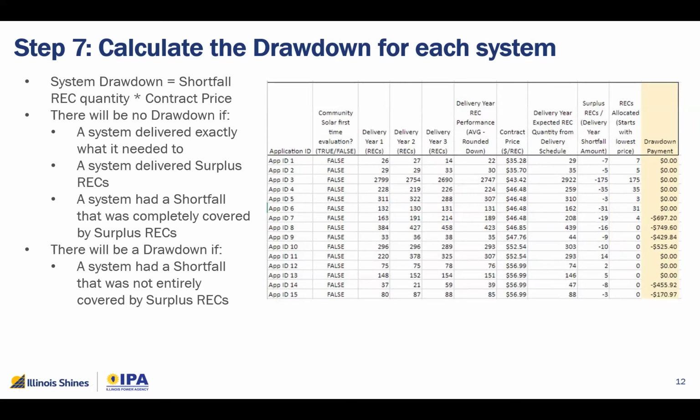That drawdown amount per system is whatever shortfall REC quantity remains times its contract price. There will be no drawdown if a system delivered exactly what it needed to, delivered surplus, or had a shortfall that was completely covered by surplus RECs. There will be a drawdown if a system had a shortfall that was not entirely covered by surplus RECs.